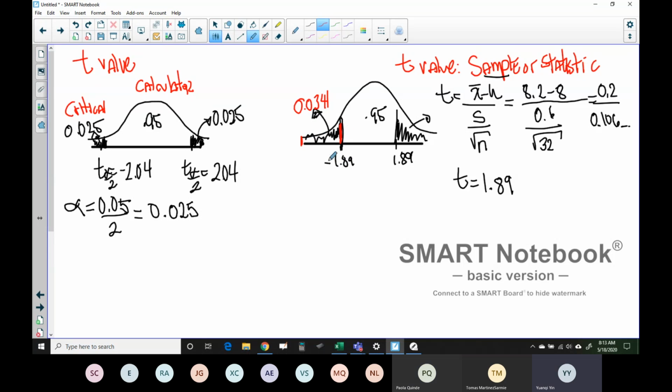If you go from negative infinity and you stop here, the area is going to be this, and because this is symmetric, now you can do the other side, right? Always do the left side first. Even if it's a one tail test, you always do the left, don't do the right, because then it's going to count more area than you have.